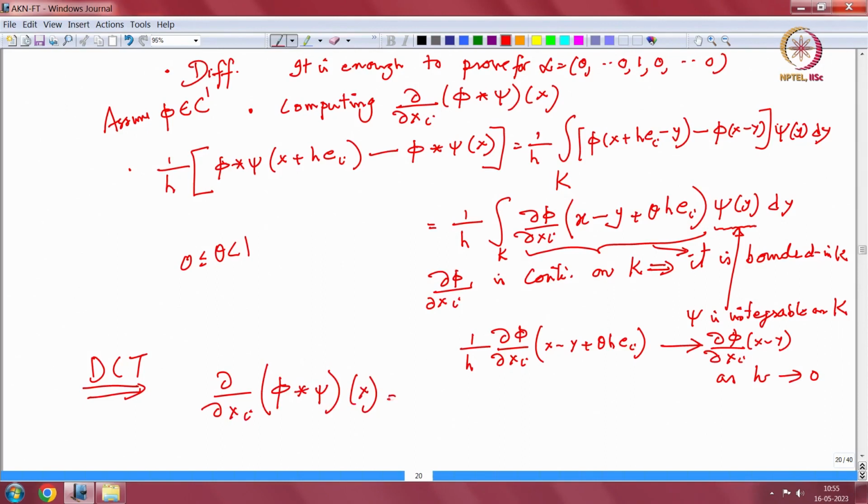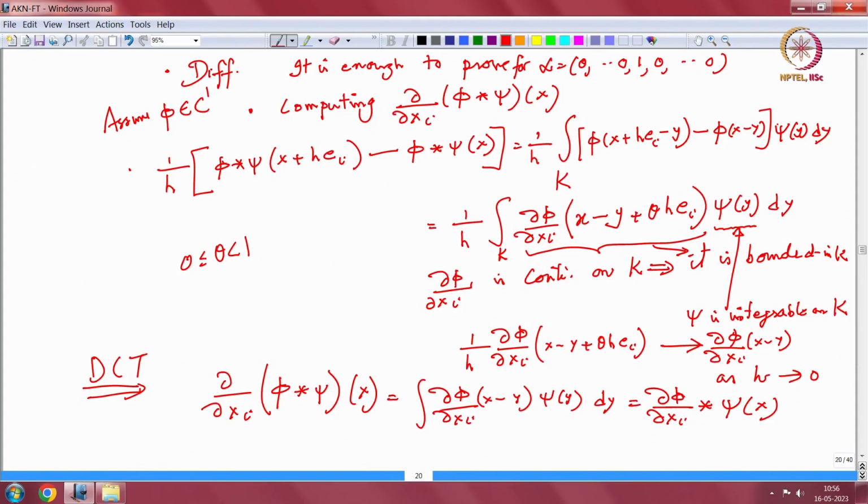On the right side, it converges precisely to the integral of d phi by dxi at x minus y, times psi of y dy, and that is nothing but d phi by dxi convolved with psi at x. So, that proves it, and you can repeat this. After that, any derivative you can keep on repeating if you have more regularity.